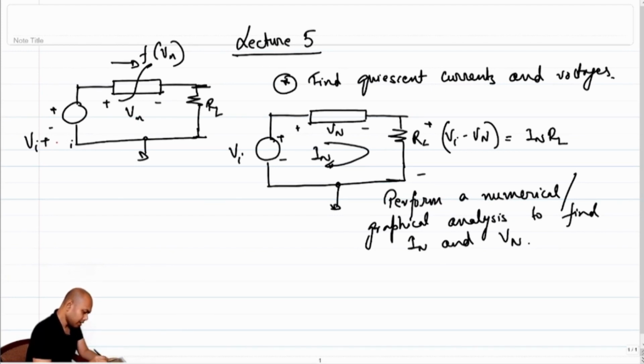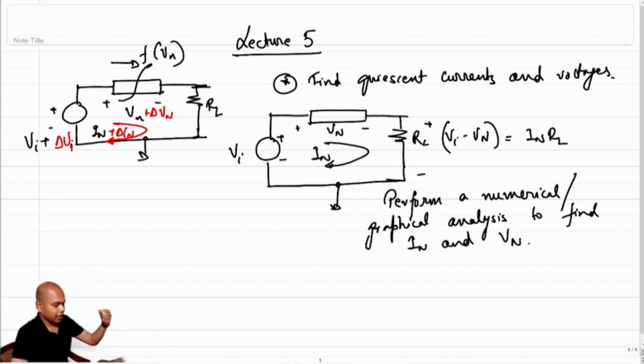So let's say I had plus delta Vi; then obviously there will be an incremental voltage across the nonlinear element, and the current that was In to start off will now change to In plus delta In. Now the whole focus shifts to finding delta Vn and delta In, given we have delta Vi, right?